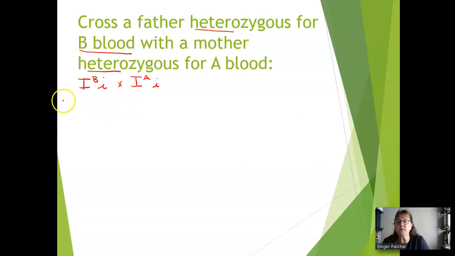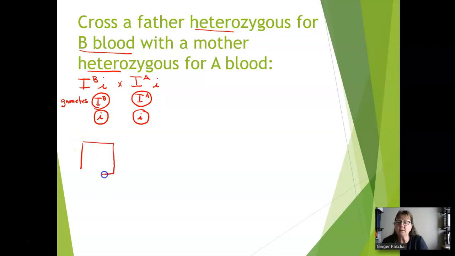So again, we need the gametes. For this individual, we have I superscript B is one gamete, and lowercase i is the other gamete. And for this individual, we have I superscript A as one gamete, and we have lowercase i as the other gamete. Now, when we cross these, we get a 2 by 2 Punnett square.